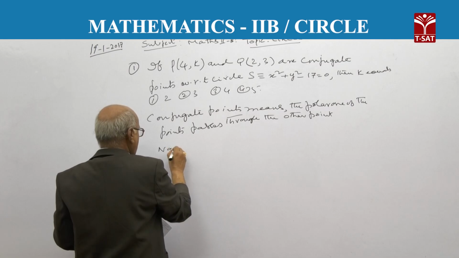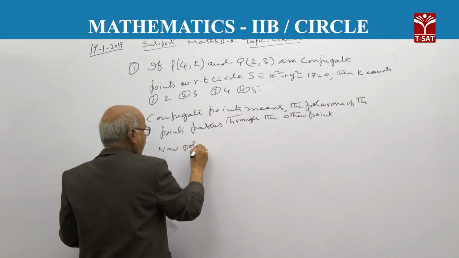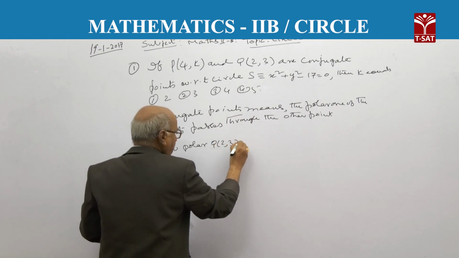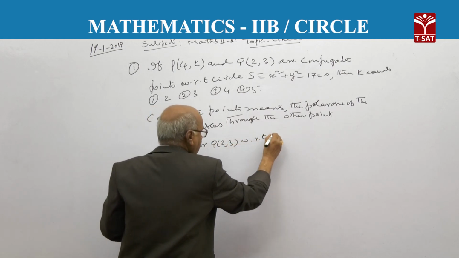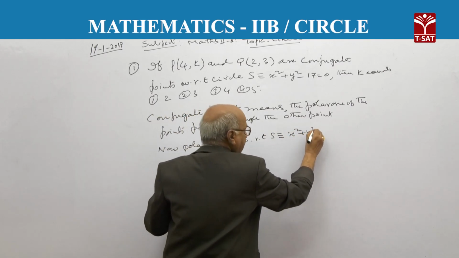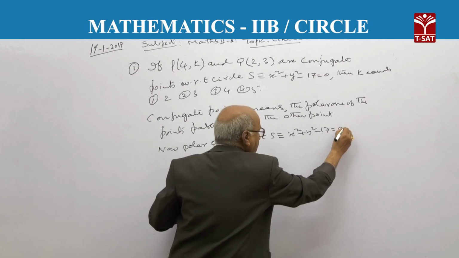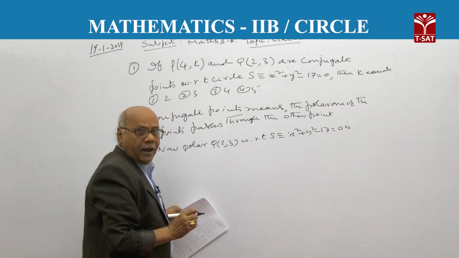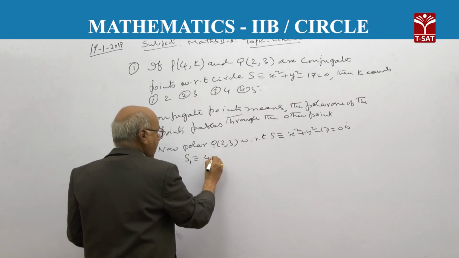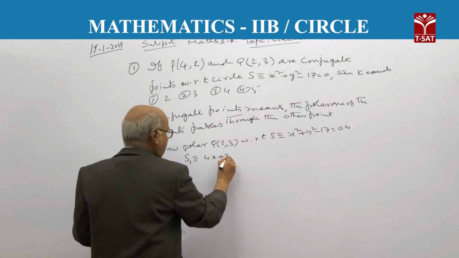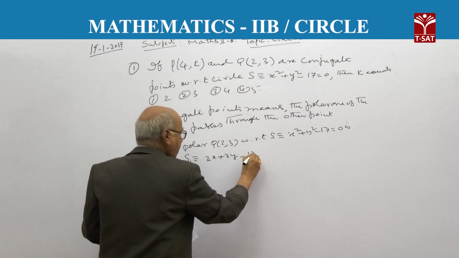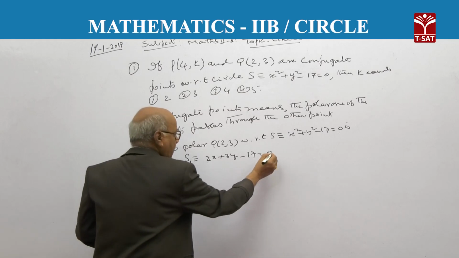Now, the polar of Q(2, 3) with respect to S = x² + y² − 17 = 0 is, by the formula S1 = 0, 2x + 3y − 17 = 0.